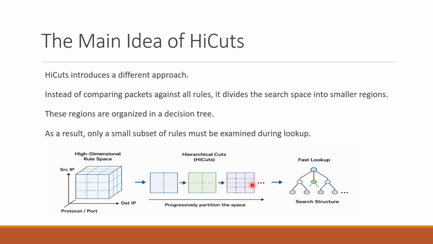When a packet arrives, it follows a path in the tree and reaches only a smaller number of possible rules. This reduces the search time and provides fast packet classification while using little memory, as mentioned here: hierarchical cut, HiCuts, fast lookup, and multi-dimensional search.